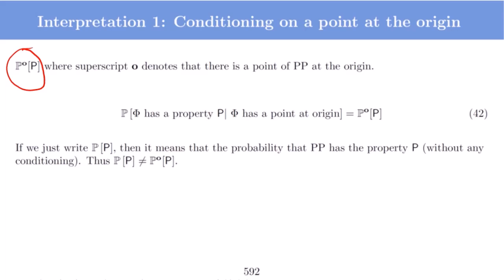Just to be clear, the probability that phi has a property P, conditioned on phi having a point at the origin, is equal to P^o(P). For the normal probability, we just write P(P), which means the probability of the property P. And in general, these two are not equal.